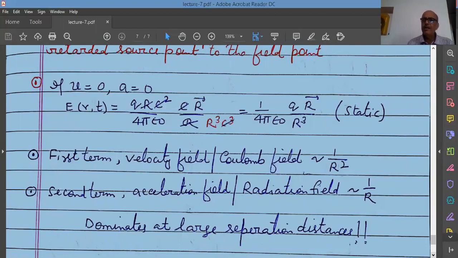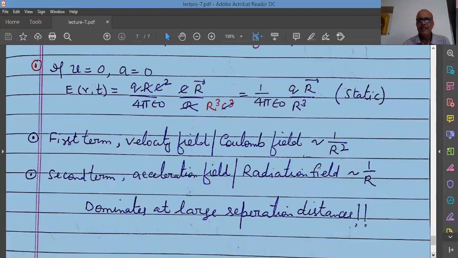That is why we call it the radiation field, and this radiation field is because of the acceleration term. That is why you will study in future that only an accelerated point charge emits radiation. It is because of the dominance of the acceleration term, its dependence being 1 over r, that it dominates at the larger distance also.